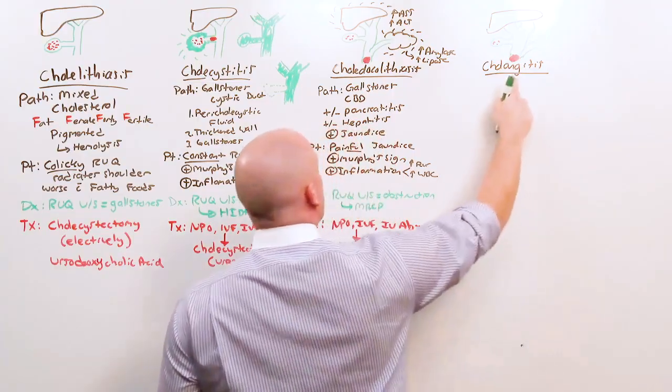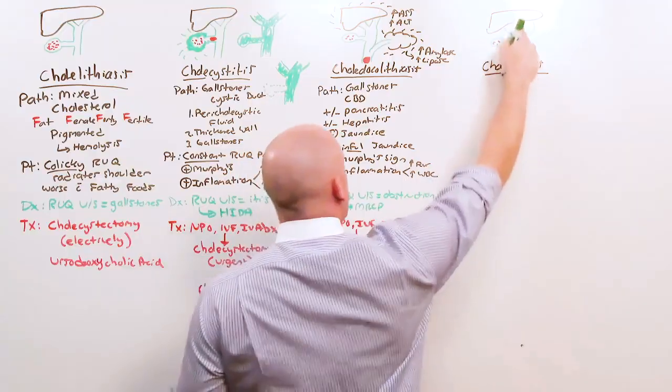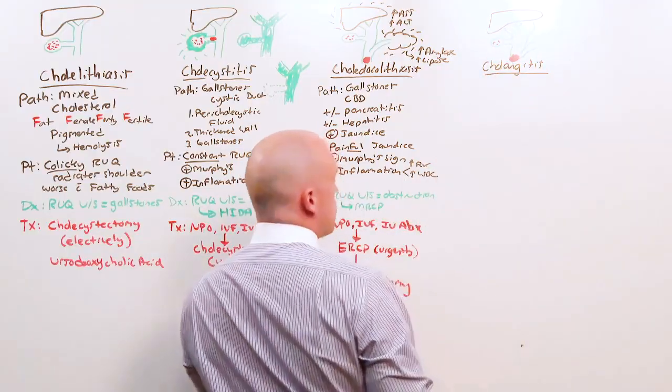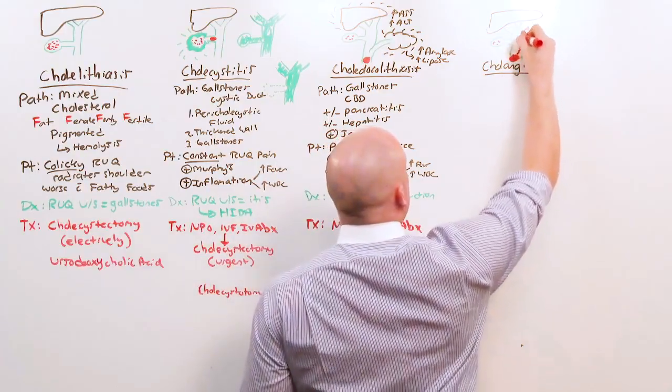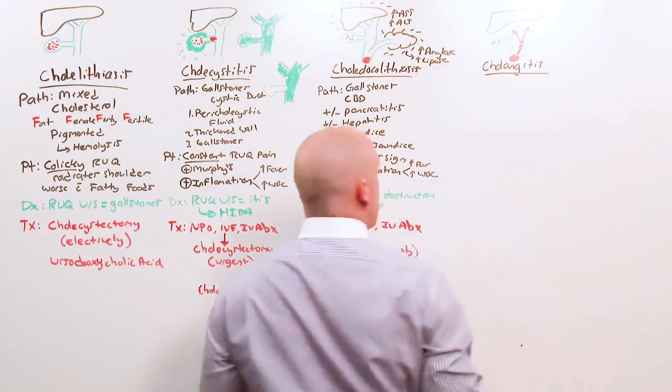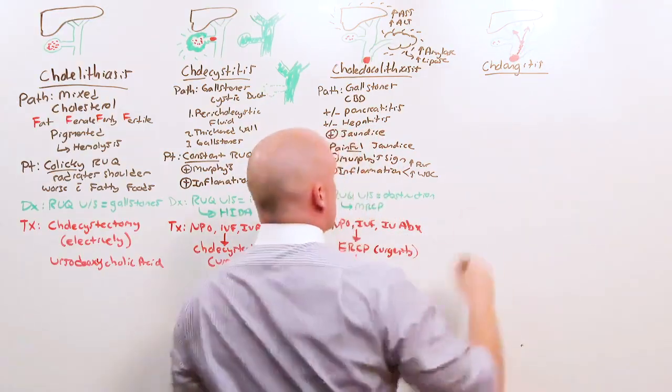But now in cholangitis, more so than in choledocholithiasis, you've got stagnant fluid. Whenever you have stagnant fluid, that's a nidus for infection. And bacteria grow, and they get an infection that ascends the biliary tree. So this is sometimes called ascending cholangitis.